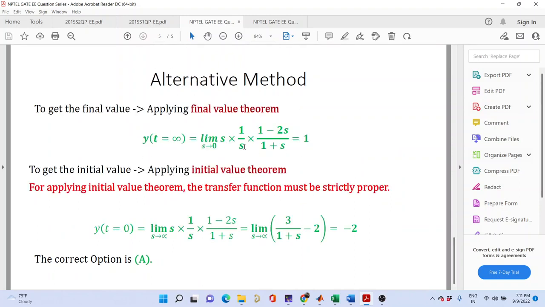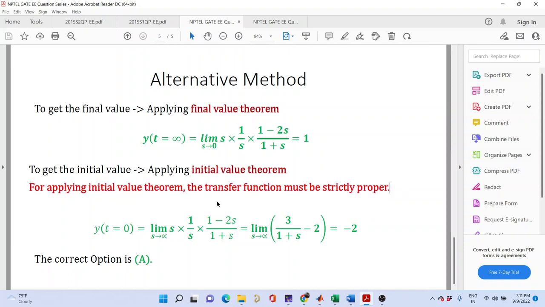So you see, in case of the final value theorem, what I have done is I have put s equal to 0. 1 by s and s cancel out. We are left only with 1. And in this case, we are putting this. So this thing is what I was saying. I was saying that for the initial value theorem, the transfer function on which you are applying must be strictly proper.